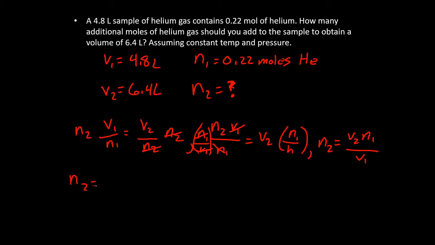So n2 is going to be equal to v2, which was 6.4 liters, times n1, which is 0.22 moles, over v1, which is 4.8 liters.